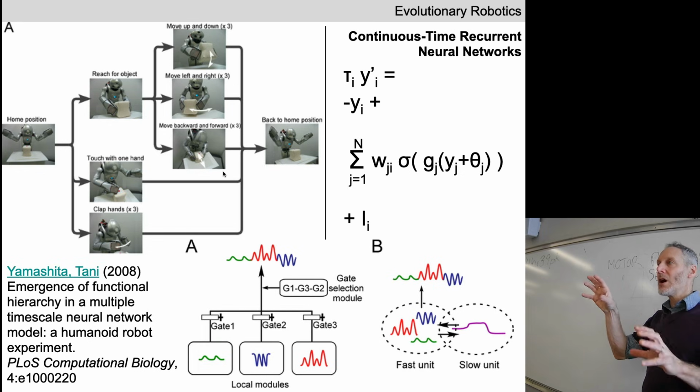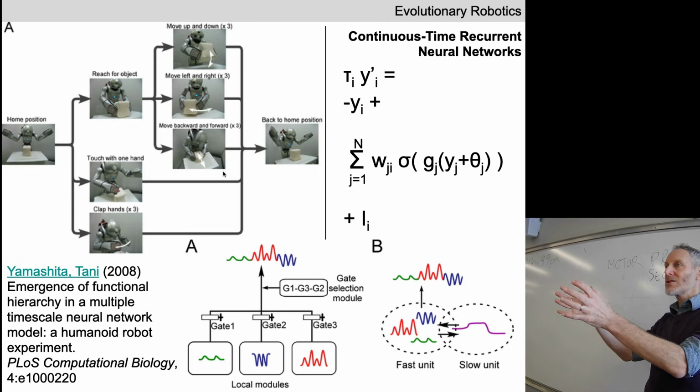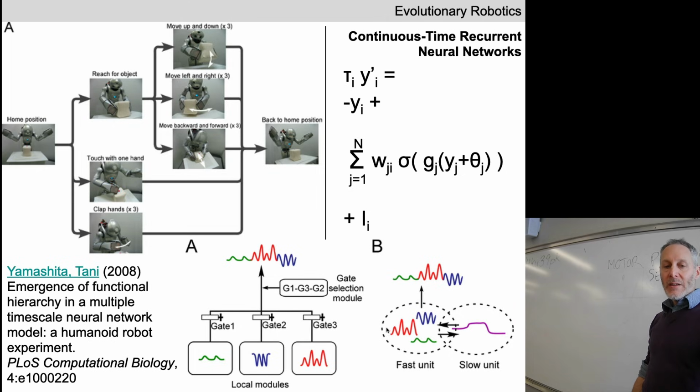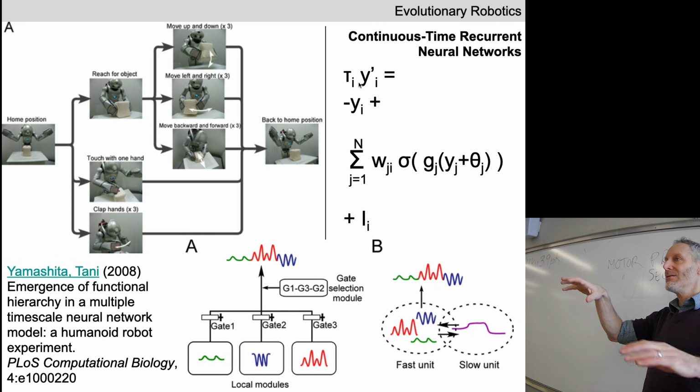When those quick neurons grabbed control of the motors, they would cause that behavior to happen. This dashed circle here represents a subset of neurons, a subset of ODEs in the set of all ODEs that describe the CTRNN. This is the same set of fast neurons.